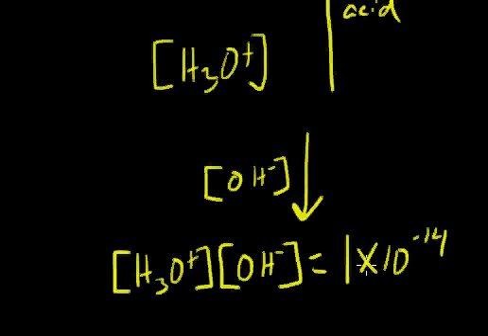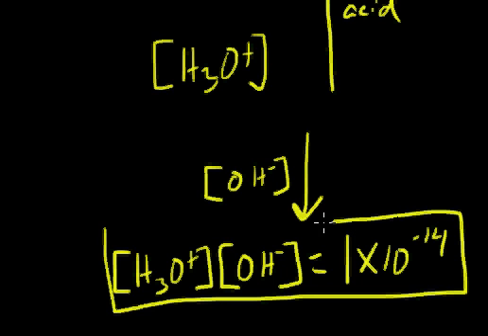And this is actually a very useful relationship, because now if we know the hydronium concentration, H3O concentration, we can also calculate the hydroxide concentration, the OH concentration. But their product will always equal, for any solution, 1 times 10 to the negative 14. This is the first equation that you need to know out of 4 equations that we're going to be talking about with acids and bases.